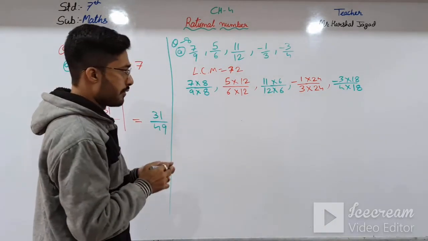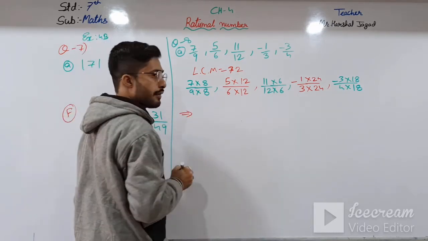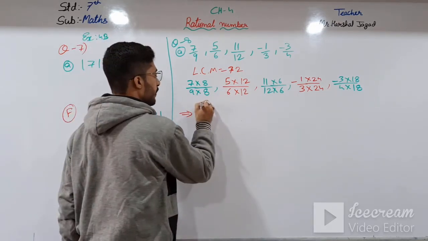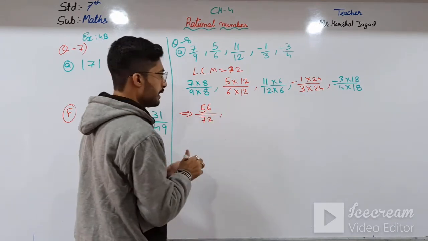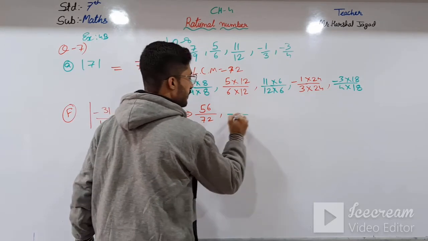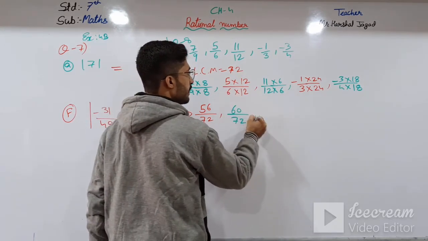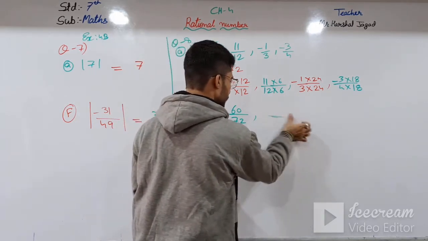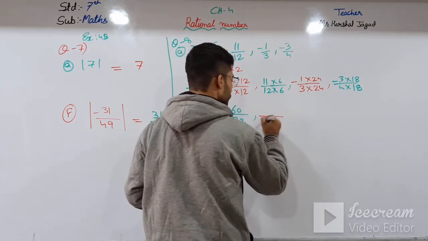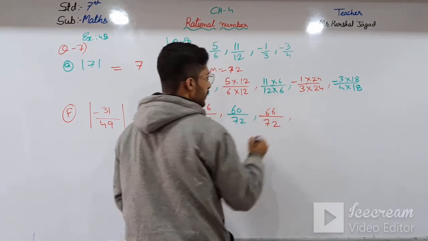Now 7 7s are 14 and 7 8s are 56 upon 72. This one, 6, here the denominator will remain the same. 5 12s are 60, here also 72. 11 6s are 66.